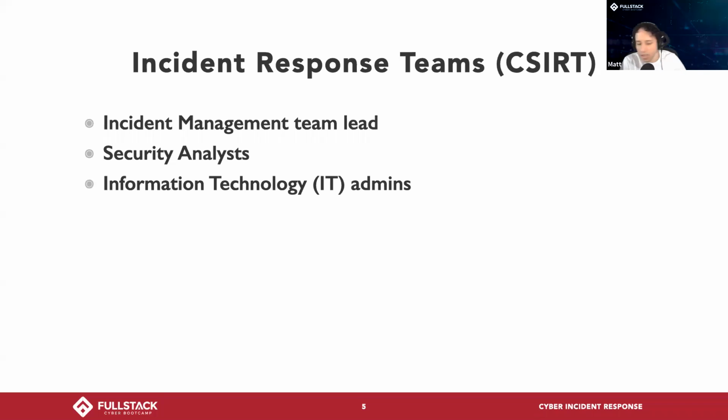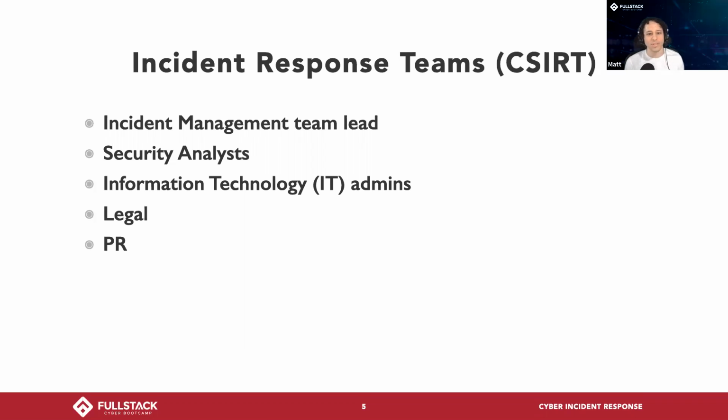What else we got? This is what Tim said before, but subject matter experts. We might need the IT admins. They might be part of our CSERT team. MD said before, absolutely, you're going to want legal on your team, and there should be someone involved at least from legal. No one had mentioned before, but PR. You can best believe you're going to have PR for the external facing response to major hacks.